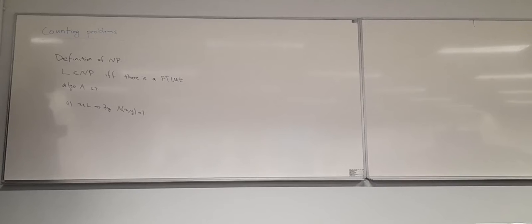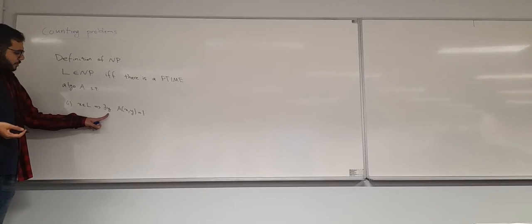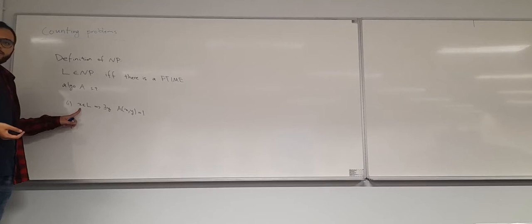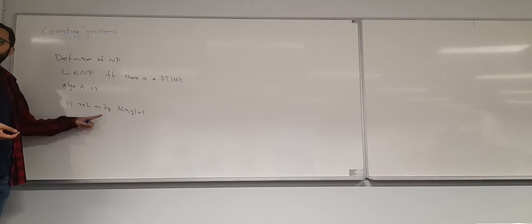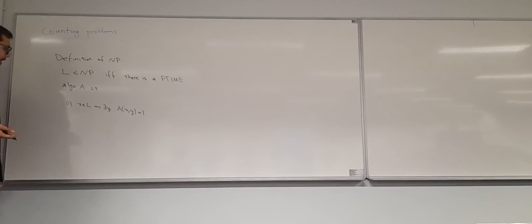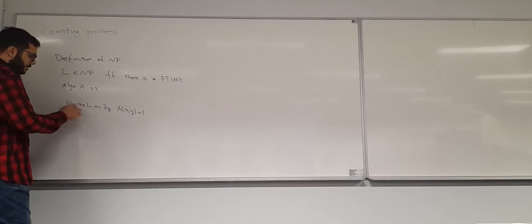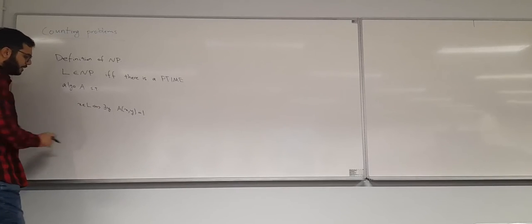So this y was a certificate or a proof that x is in our language, right? And also we said that the length of this y has to be bounded by polynomial limits. I'm going to get too lazy to write that, but just remember that part. And we said that this should be if and only if.